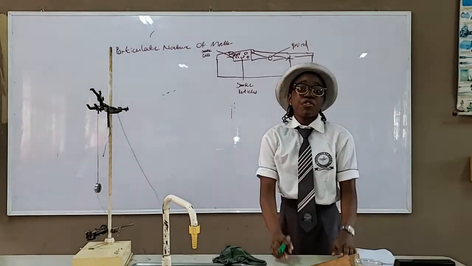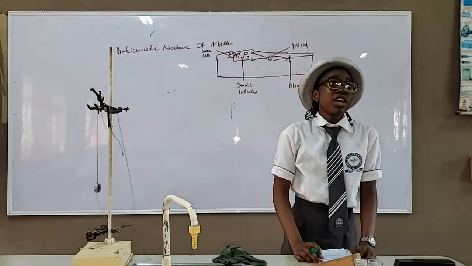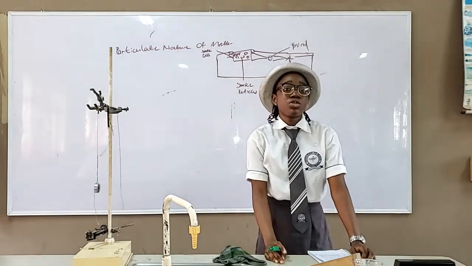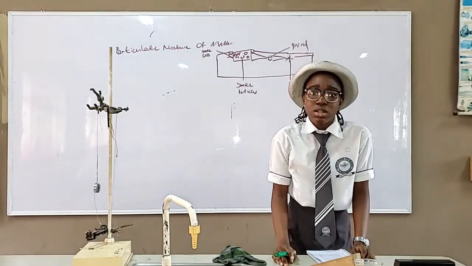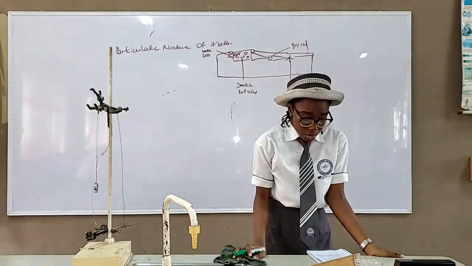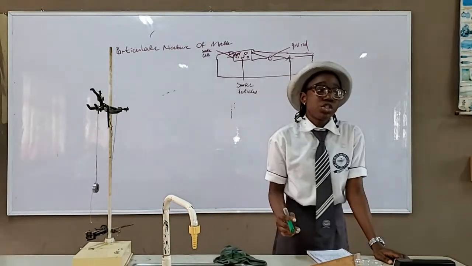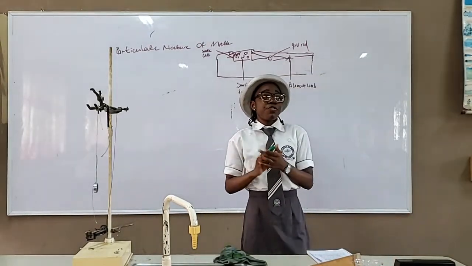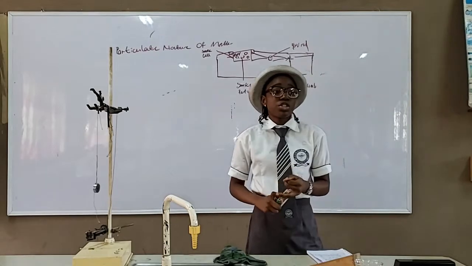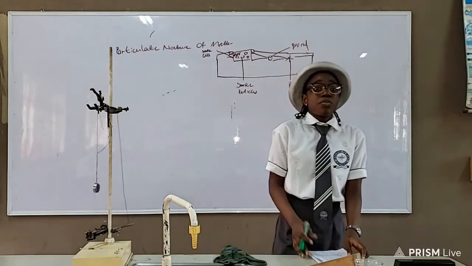Moving on, diffusion. Diffusion is the migration of molecules to fill an empty space due to the molecules' constant motion. Factors affecting diffusion are mass, temperature, state of matter, and density.